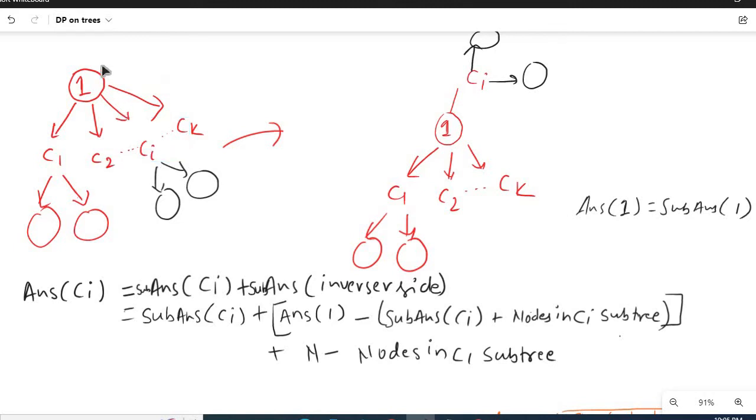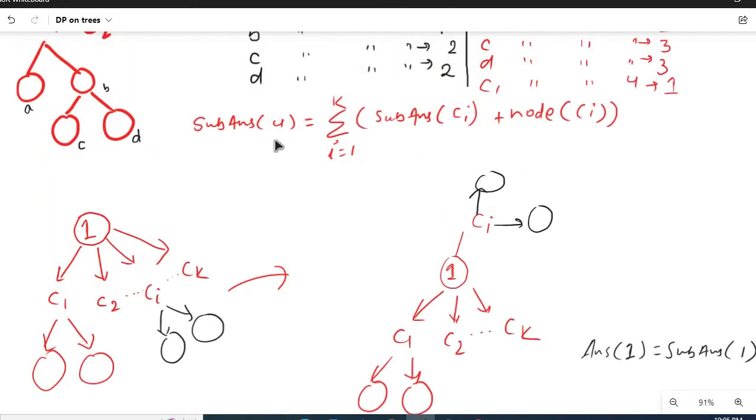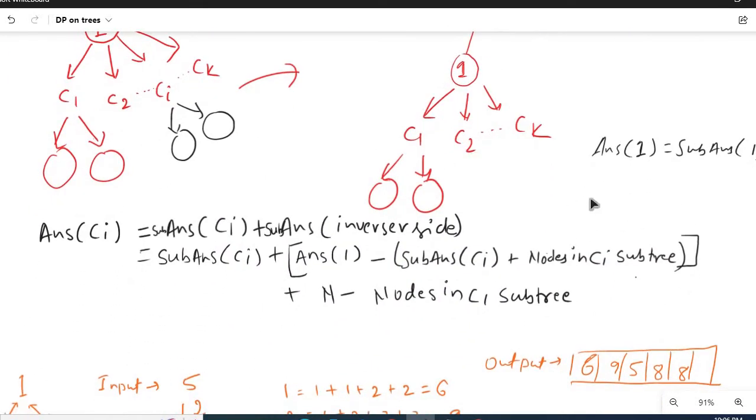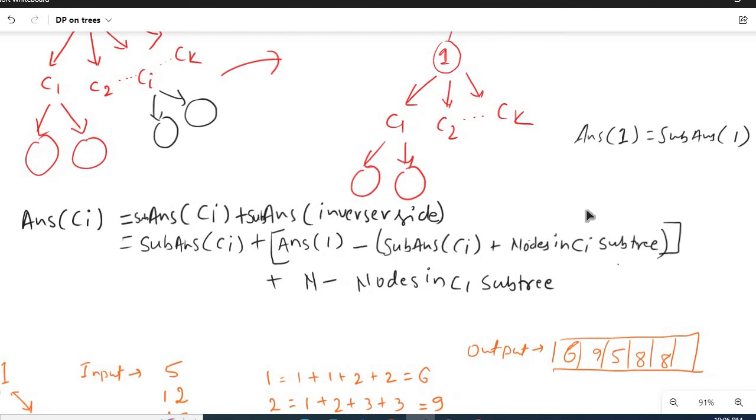This CK has parents also, children also. So in this case, the answer of CK is not equal to the sub answer of CK. But for 1 it is equal. So we know the answer of 1. The answer of 1 is basically, if you put 1 here, then that is the answer.